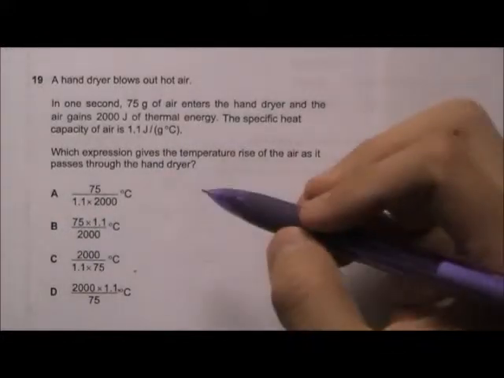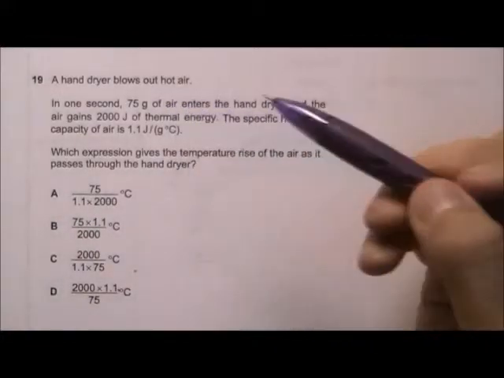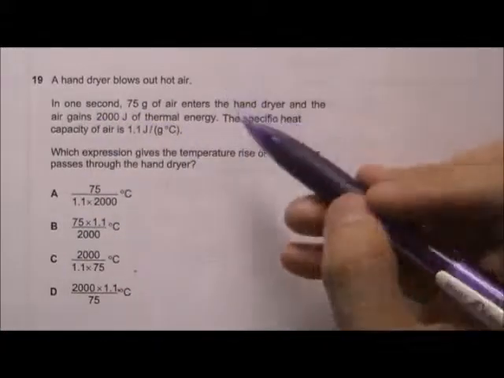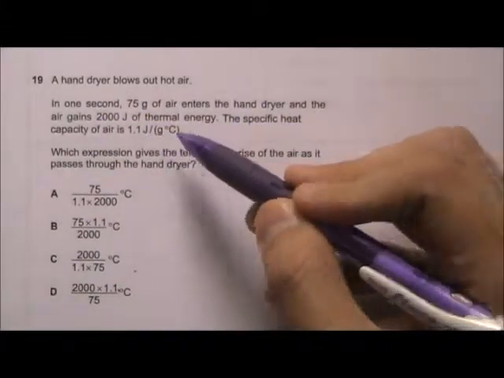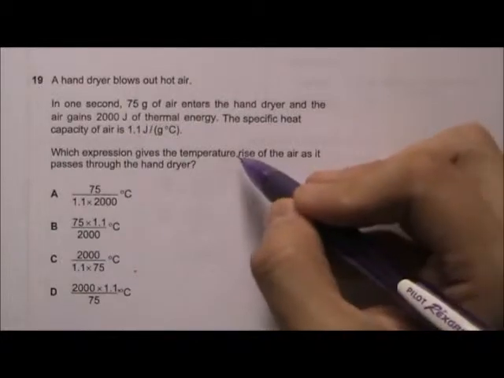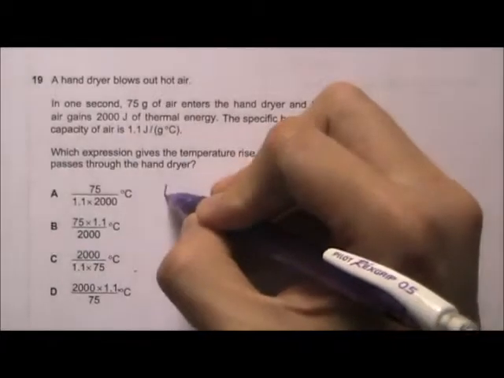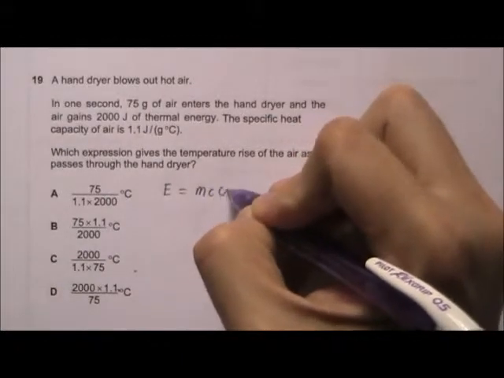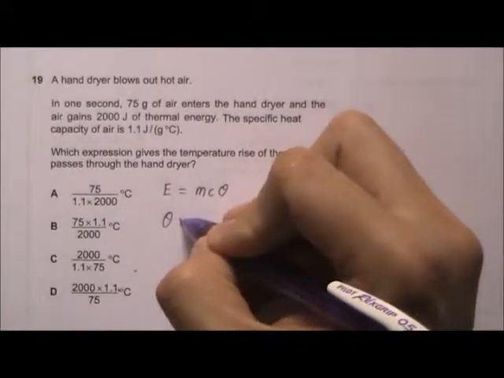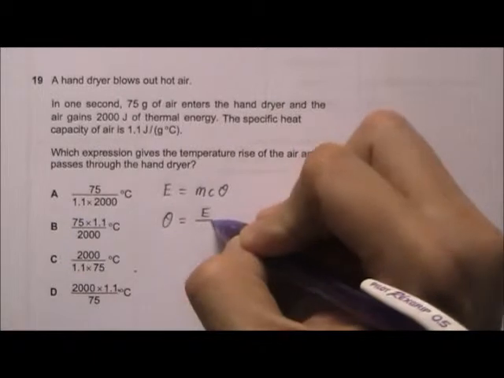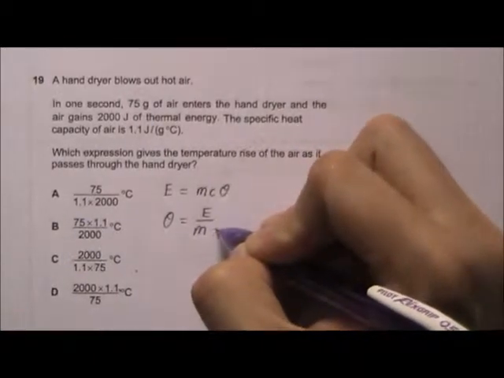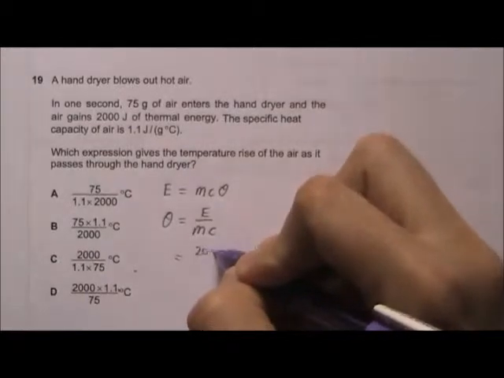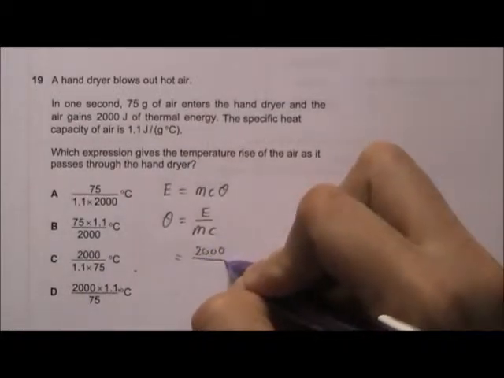Okay, for this question, we are given the mass of the air and the thermal energy gained by the air as well as the specific heat capacity of the air. So to find the temperature rise, we can use this formula. Energy is equal to mcθ, and θ is equal to energy divided by mass times the specific heat capacity, and this will give us 2000 divided by the mass.